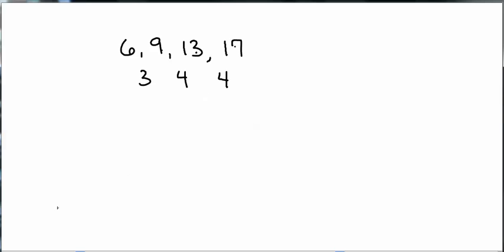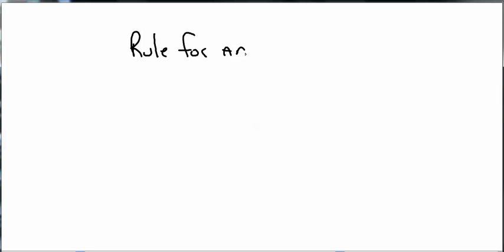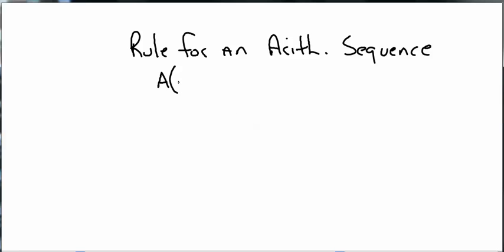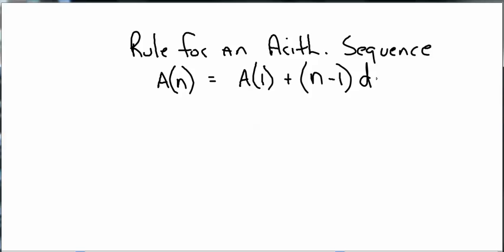Alright, look at page 297 up on top. Rule for an arithmetic sequence. The formula: A of n is equal to A of 1, which is your first term, plus your term number, n minus 1, times d, which is your common difference.